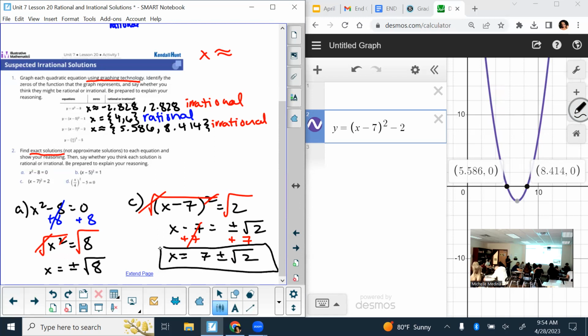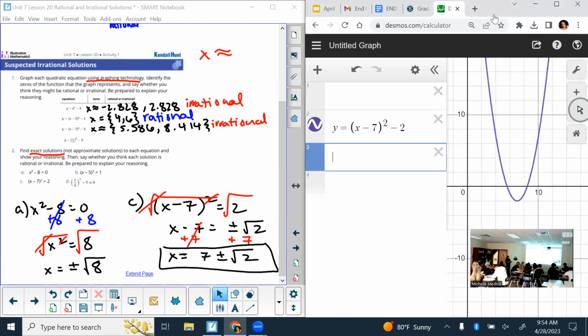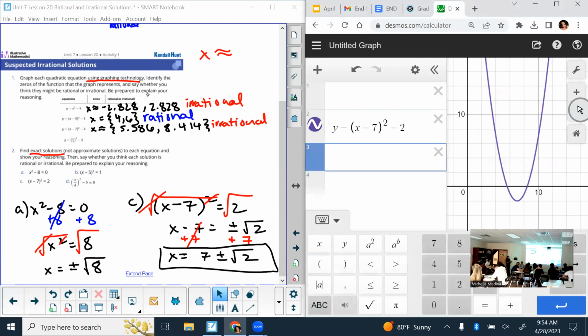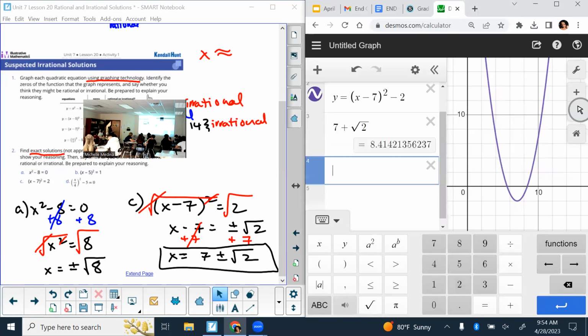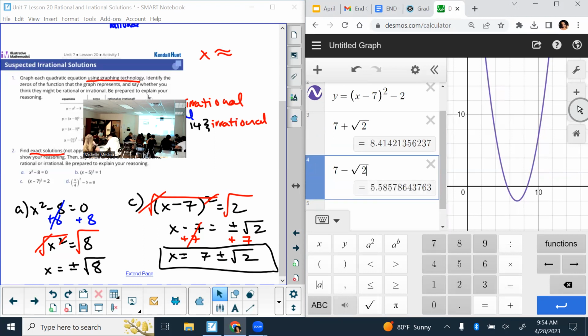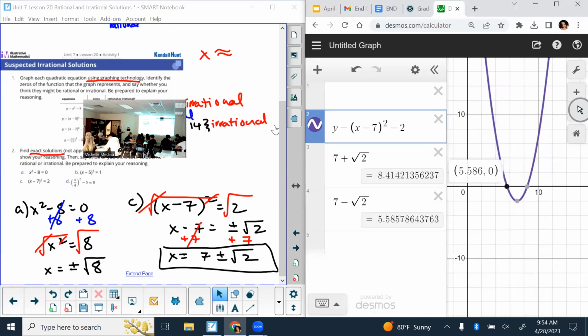And if I type that into my box, really I'd have to put it separately, one where it's 7 plus radical 2, and one where it's 7 minus radical 2. So that's how I could check my answers on my test, even the irrational ones, to see if it gives me the same zeros as my graph. And does it? Okay, great. Questions on that one?